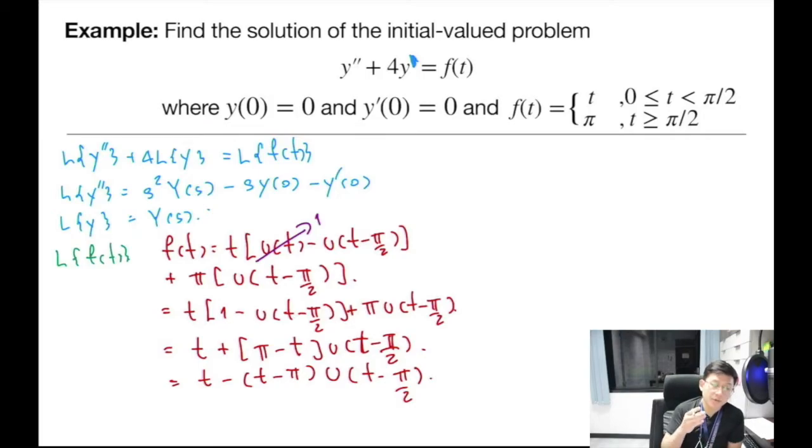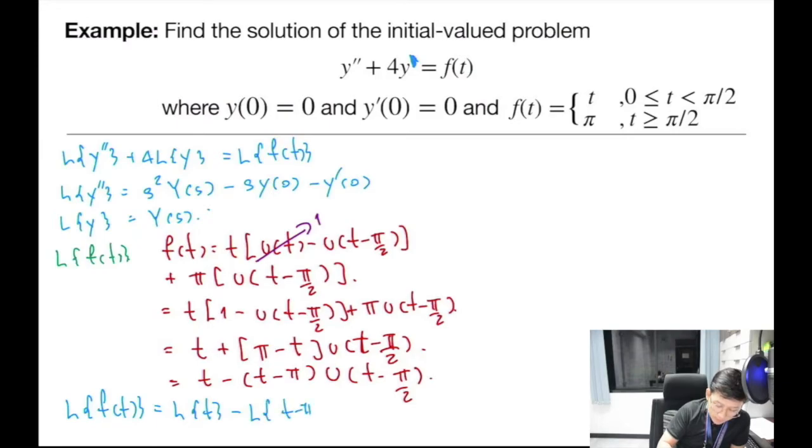So we need to find the Laplace transform for f(t). The Laplace transform for f(t) would be the Laplace transform of t minus the Laplace transform of (t minus pi) u(t minus half pi).